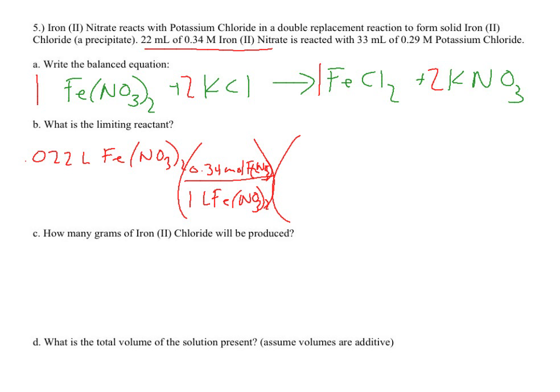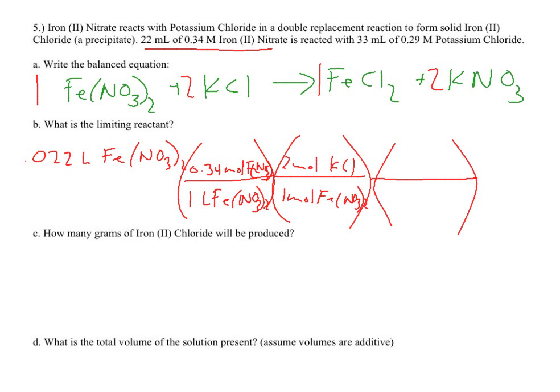Here we can account for our stoichiometry. For every 1 mole of iron nitrate, we would need 2 moles of KCl. And where are we going to get the KCl? We're going to get it from a 0.29 molar solution.